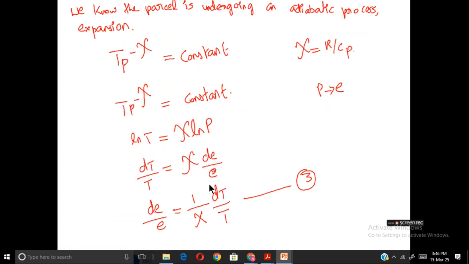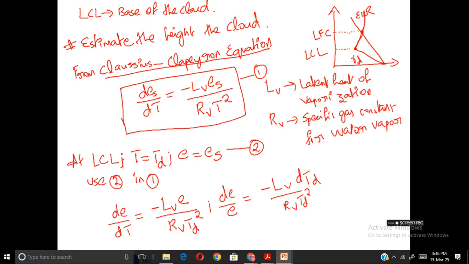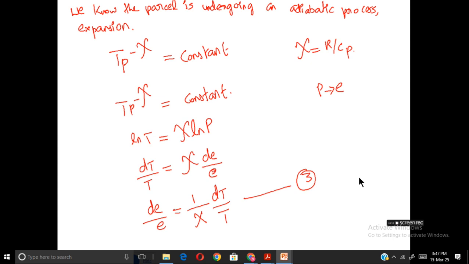Both are having the same left hand side, dE by E. So we can equate the right hand side of the equation. This is equation 3. From the Clausius-Clapeyron equation, we got this will be the value of dE by E. And then from the equation of state for an adiabatic process, we got dE by E is equal to 1 by chi dT by T. Now we equate these two.